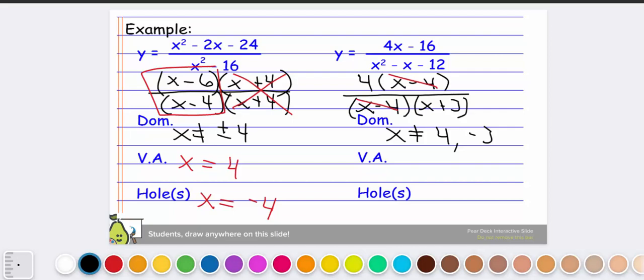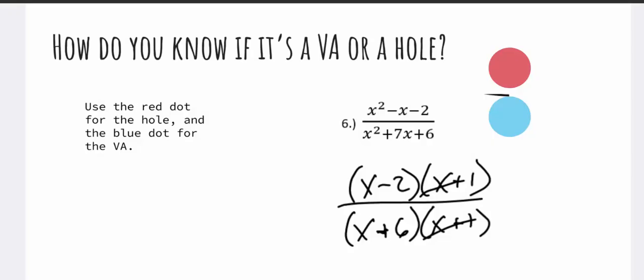The vertical asymptote is where x equals -3 because it's still part of my solution. The hole is the thing that got canceled out, x equals 4. Okay, so domain restrictions always turn into either a vertical asymptote or a hole. Not too bad. Right? Kind of puts together everything that we did leading up to this.